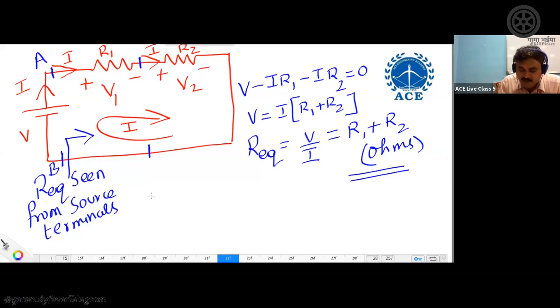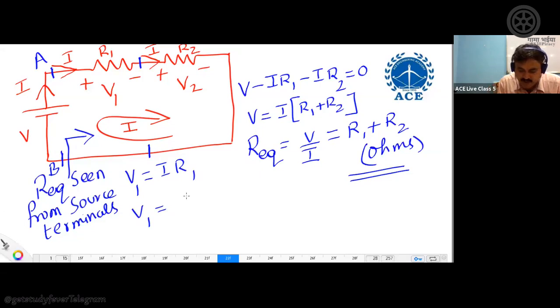Now, tell me what is V1? V1 is a voltage across resistor R1. So I can express V1 as I into R1. What is I from here? R equivalent we got R1 plus R2. I we can write as V by R1 plus R2.